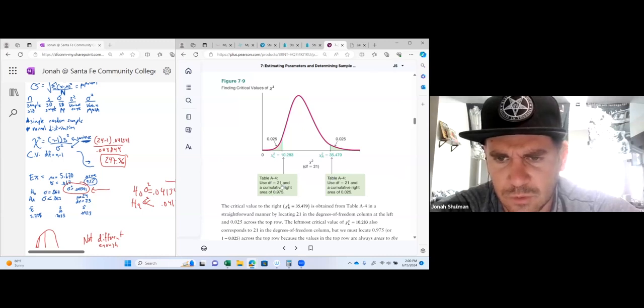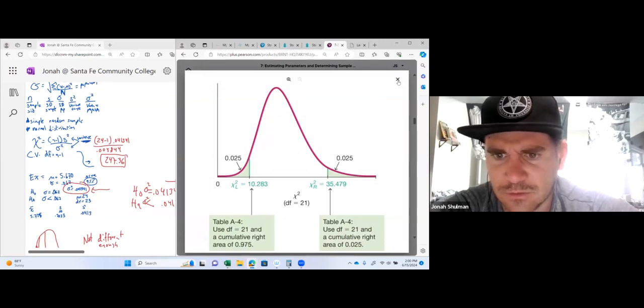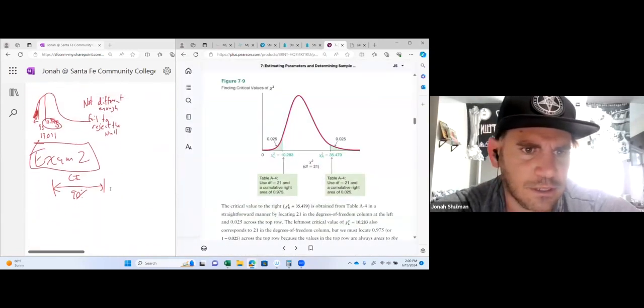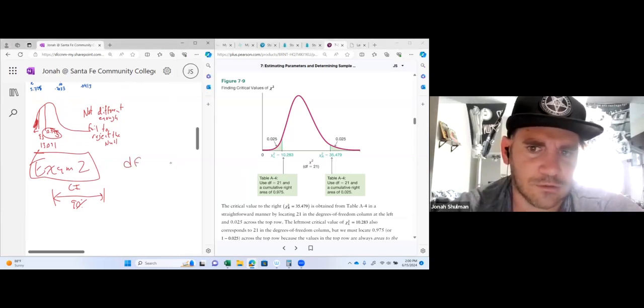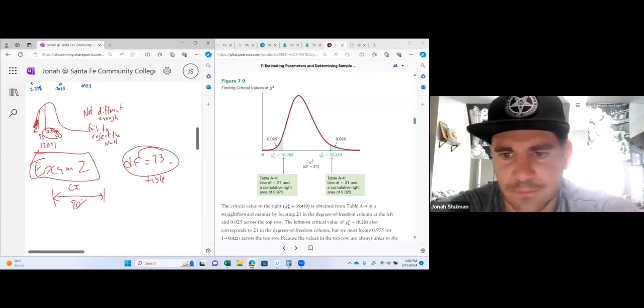So we used 21 to the left and 21 to the right to get those two values. We're going to be on 90% here, and our degrees of freedom is 23. So we actually just have to use the table.